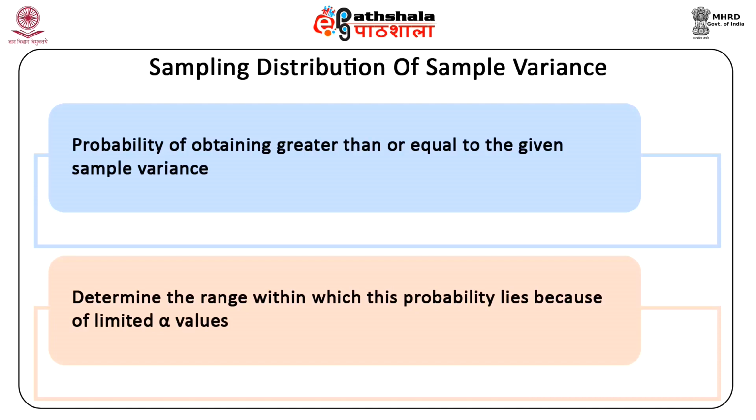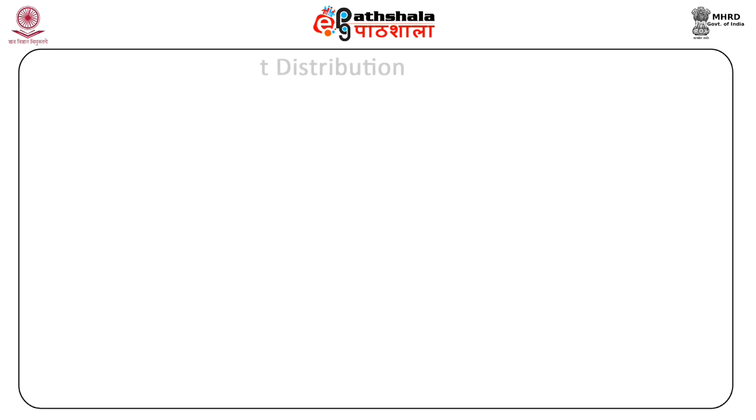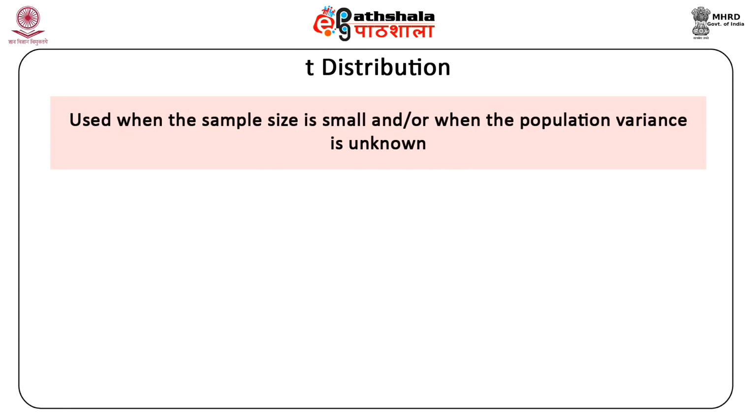Further, we shall now discuss the t distribution. The t distribution is a probability distribution that is used to estimate population parameters when the sample size is small and/or when the population variance is unknown.